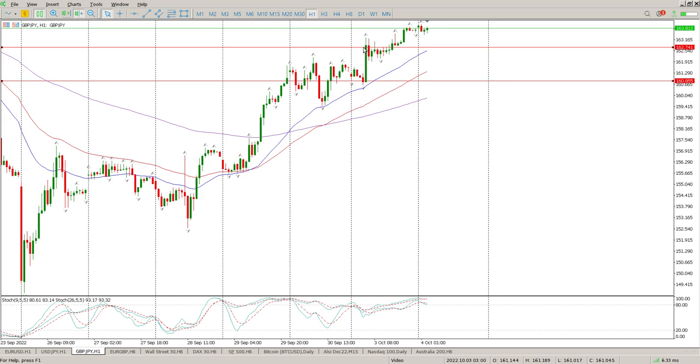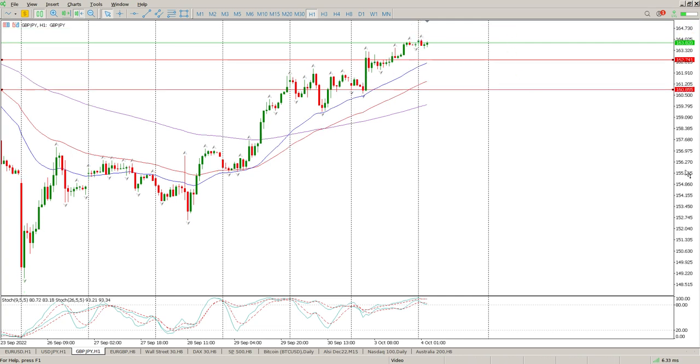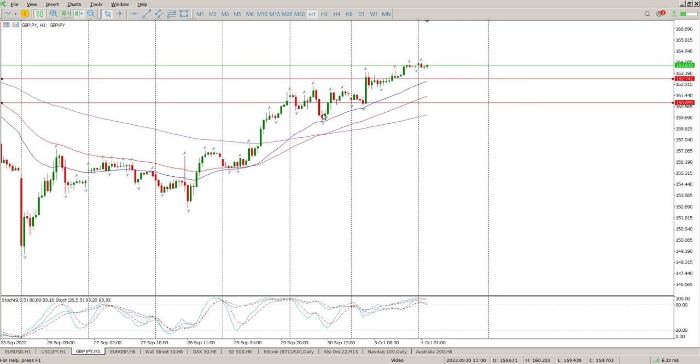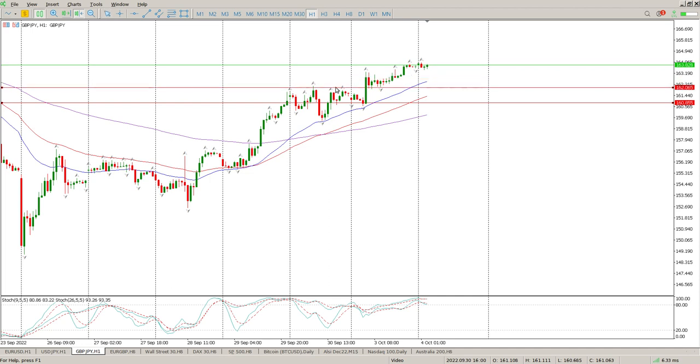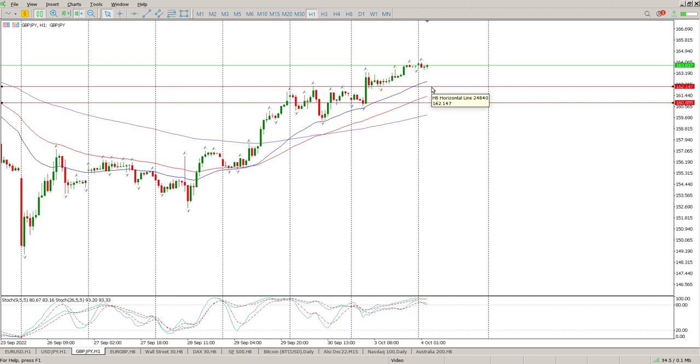You know, I'd prefer to see more structured and smaller move in order for us to get in. But anyway, the trend is up at the moment, so I think that is probably the best way to look at this. I'm looking for a pullback back to 162.147 for an opportunity to continue buying on this.